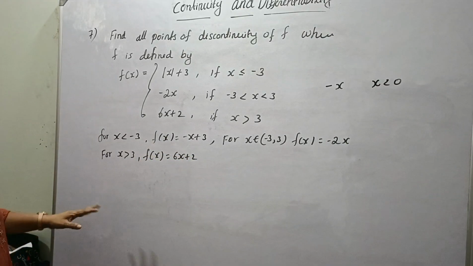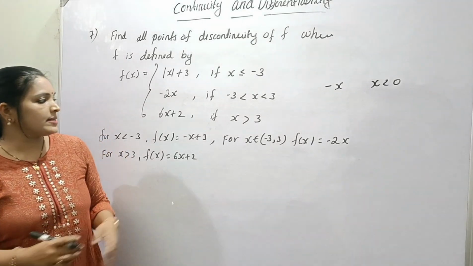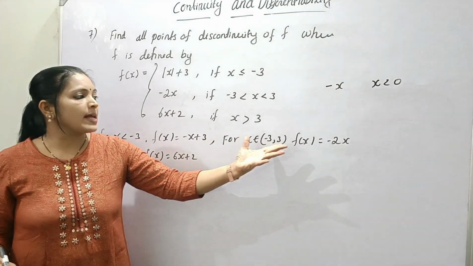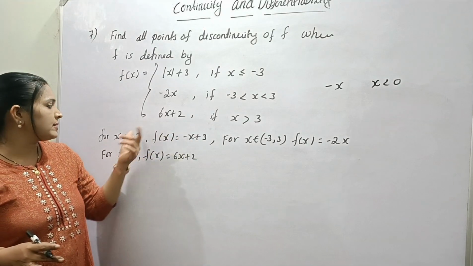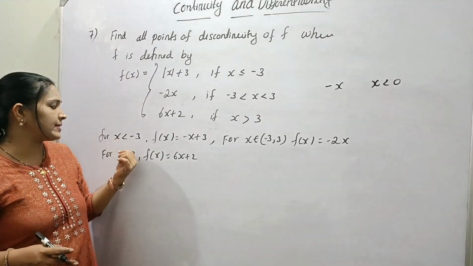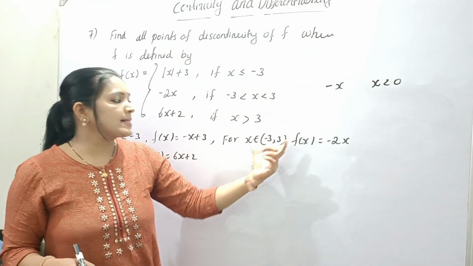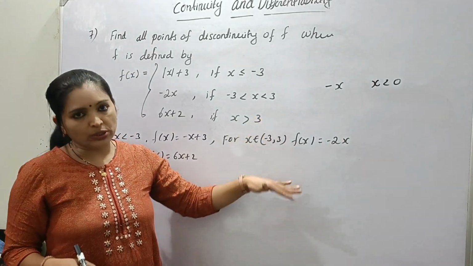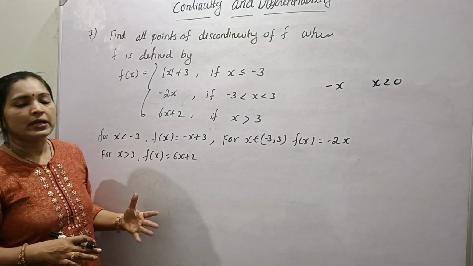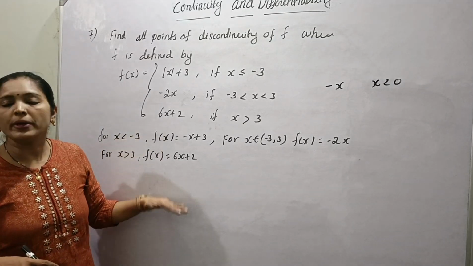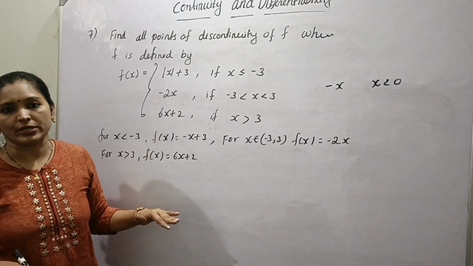Right? Now here, all these functions are polynomial functions. So for x less than minus 3, for x belongs to minus 3 to 3, and for x greater than 3, the function is a polynomial function and it is continuous.